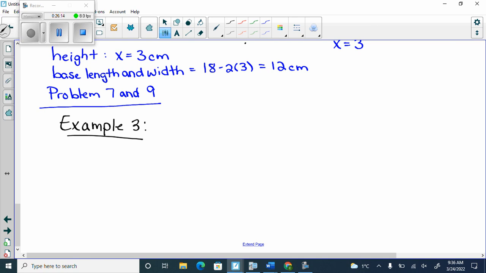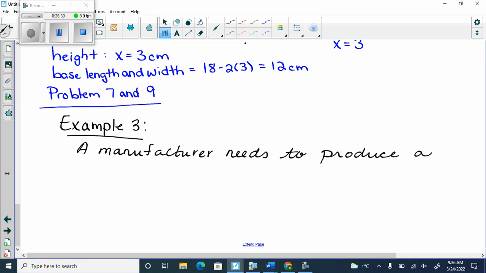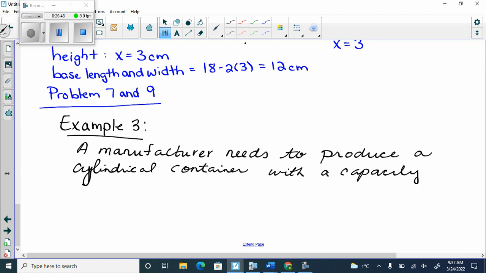So we have a manufacturer who needs to produce a cylindrical container with a capacity of 1,000 centimeters cubed.